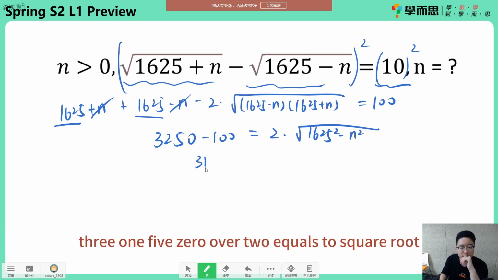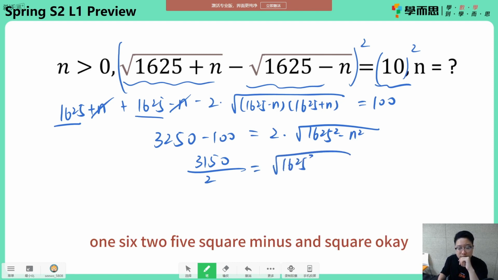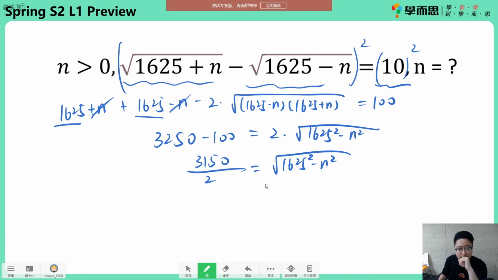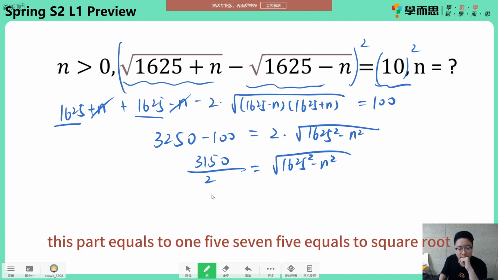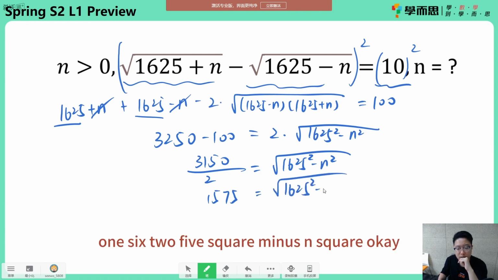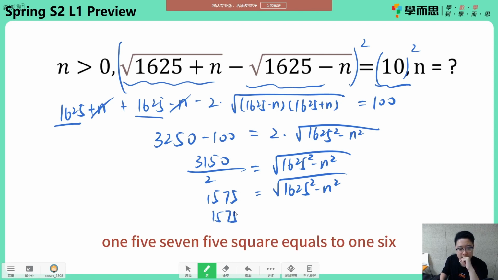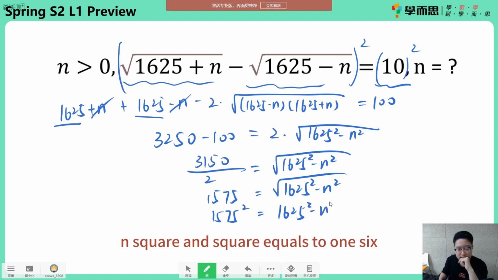So 3150 over 2 equals square root 1625 squared minus n squared. Okay? So this part equals 1575 equals square root 1625 squared minus n squared. Okay? So 1575 squared equals 1625 squared minus n squared.